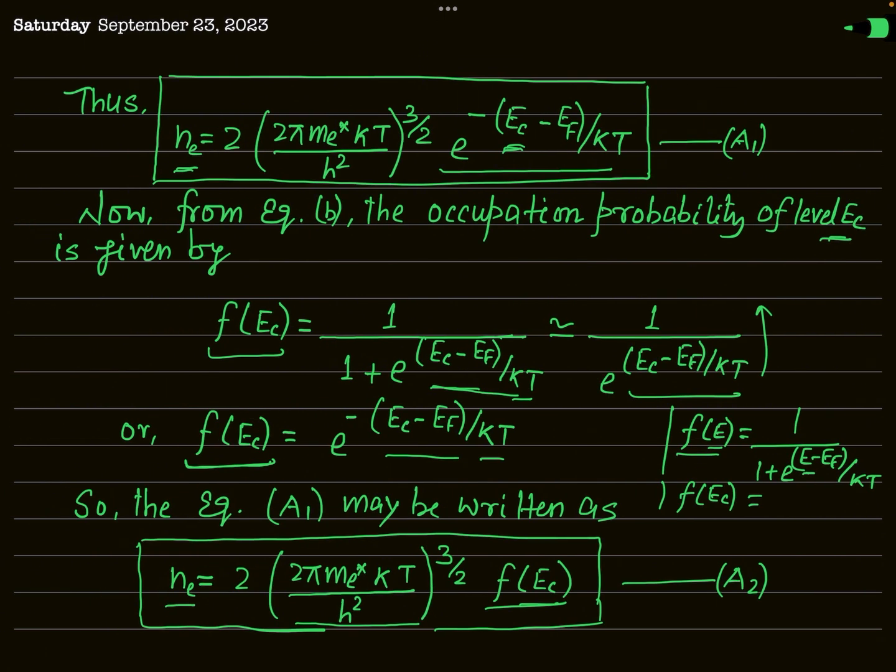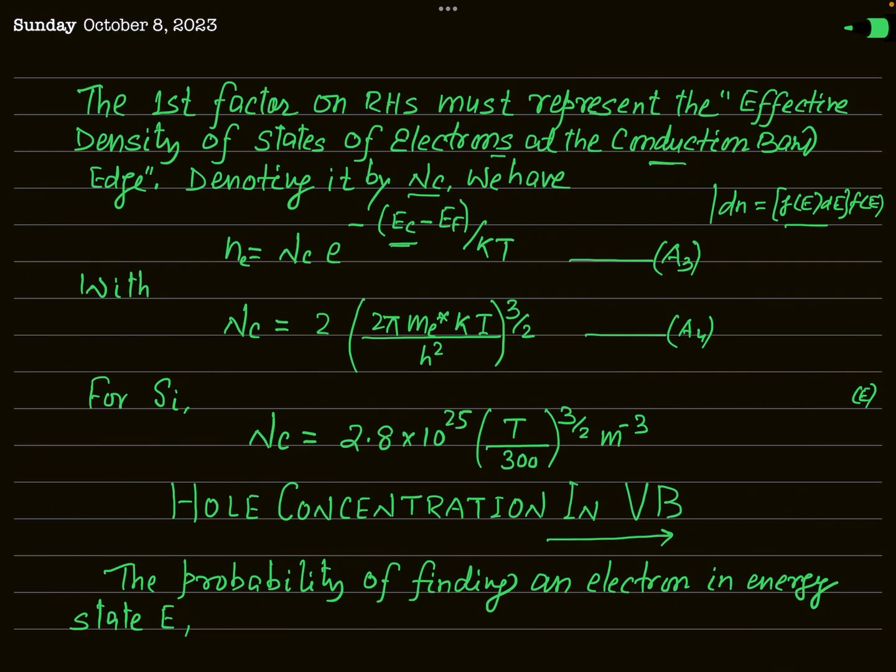So you can say that this first factor on the RHS definitely represents the density of states. Actually, it is called the effective density of states of electrons at the conduction band edge.